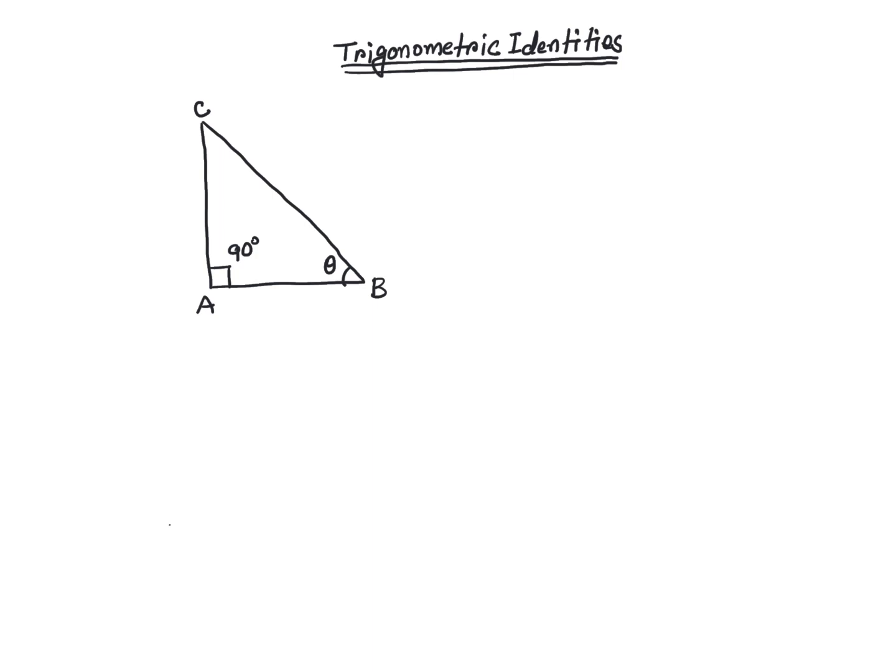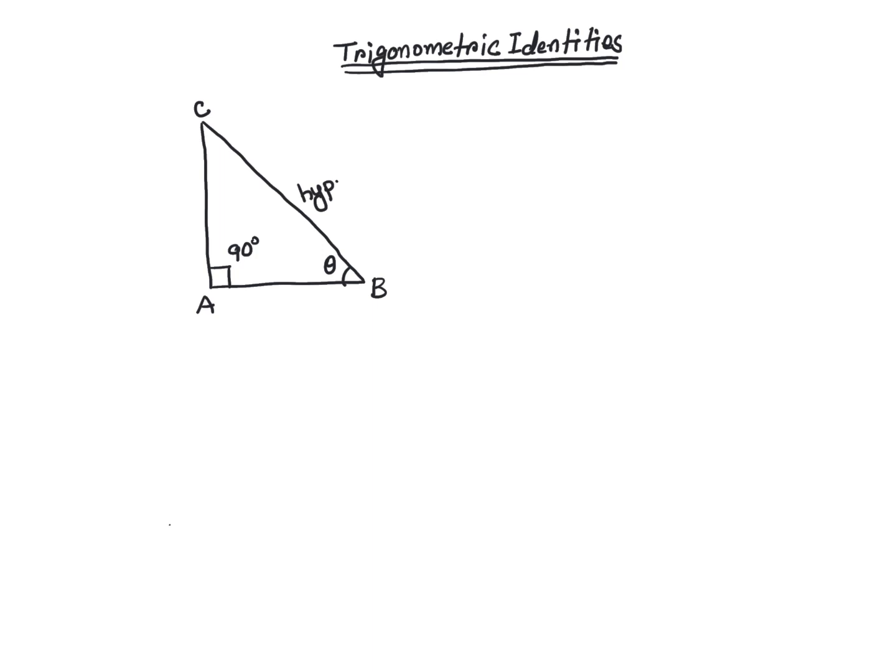Okay. Now let's talk about the sides. Opposite to the 90-degree angle, which is side BC, we call it hypotenuse. You probably know it from the Pythagorean theorem. So that's the hypotenuse, in this case BC.